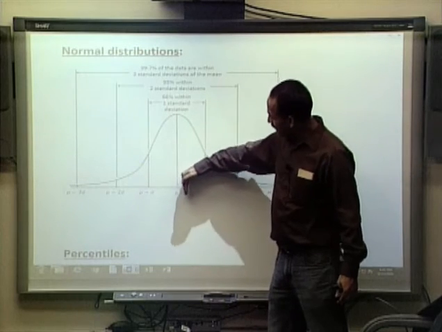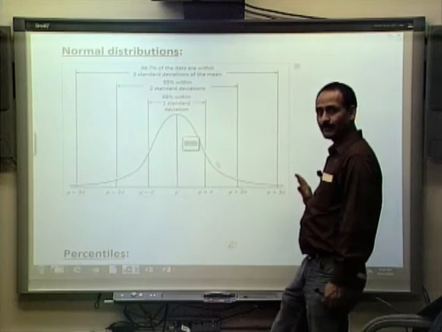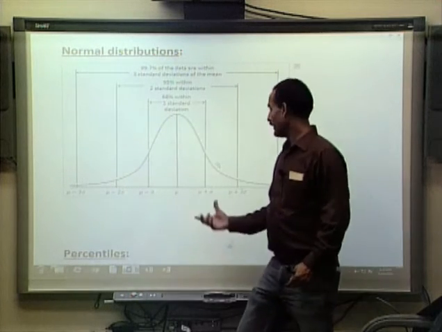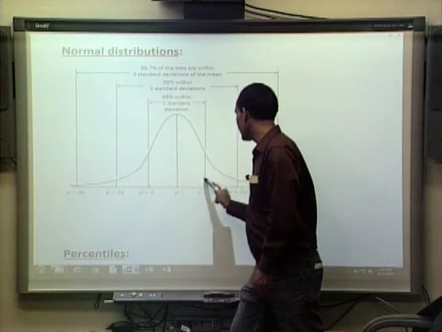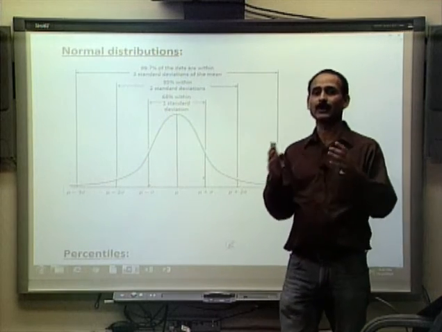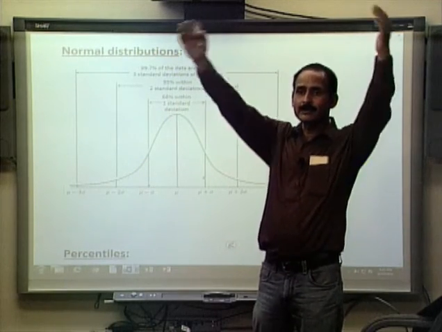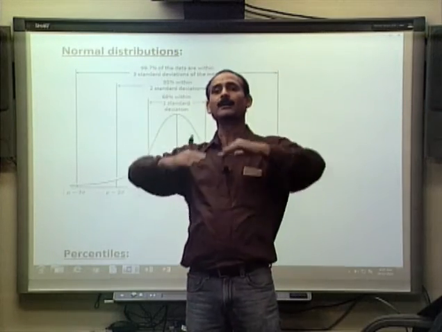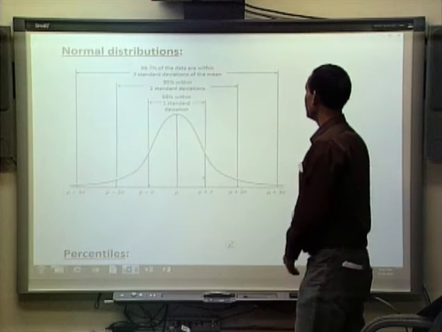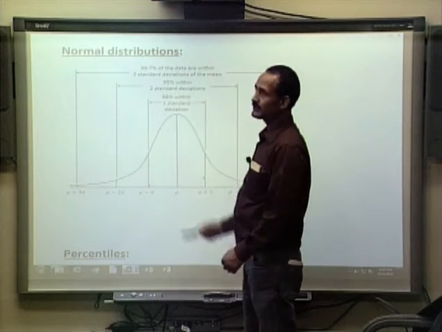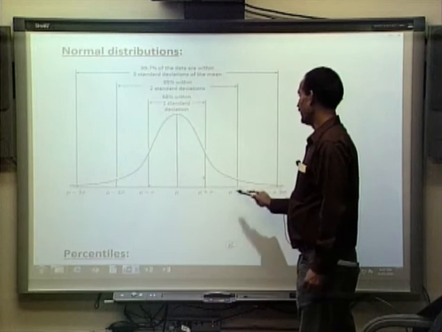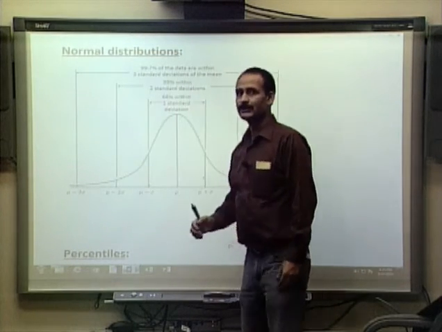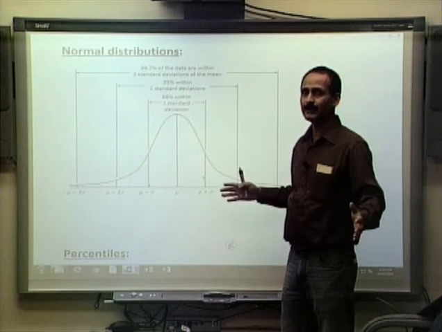So go 1 standard deviation to the right of the mean, and 1 standard deviation to the left. In that region, there has to be 68% of the observations if the distribution is normal. Similarly, 95% should lie within 2 standard deviations of the mean, and 99.7% should lie within 3 standard deviations of the mean.